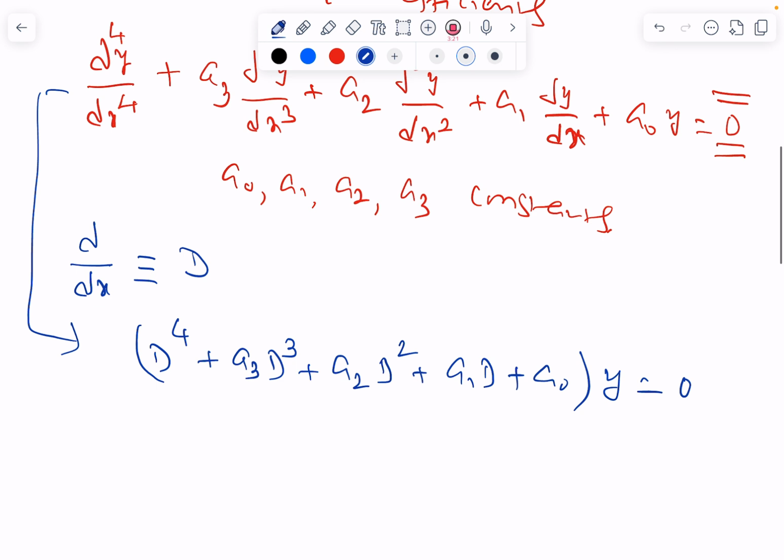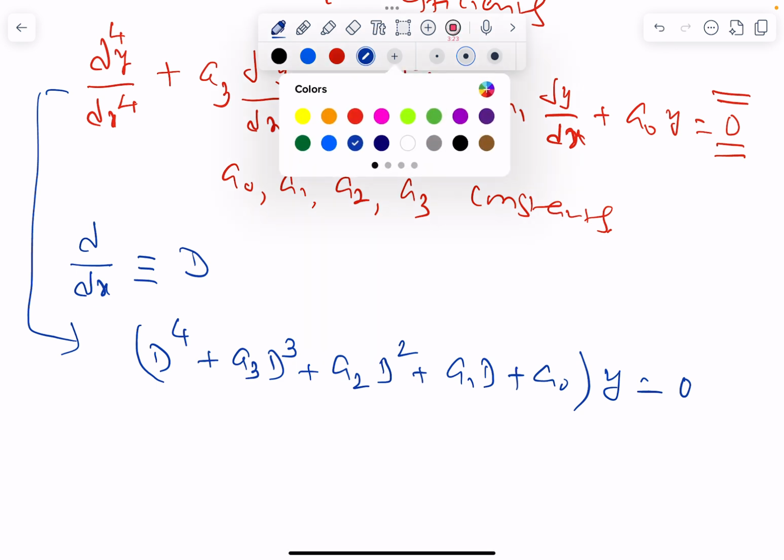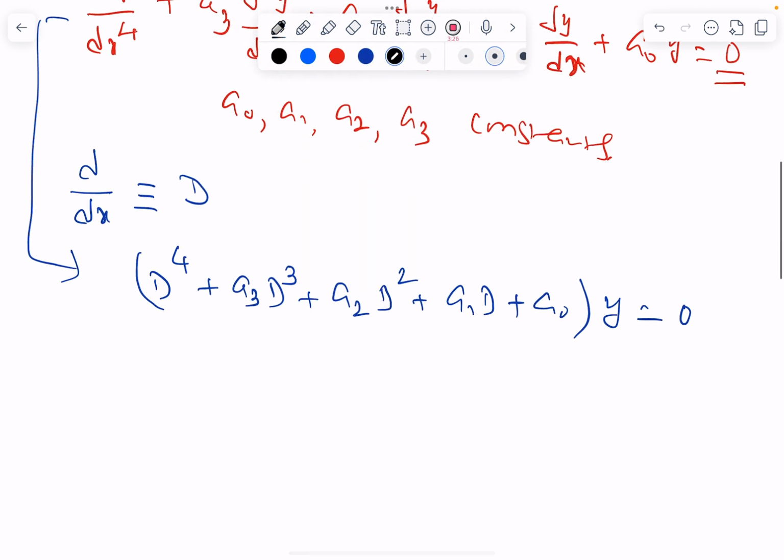So this is the differential equation that we are having, and we need to solve it.